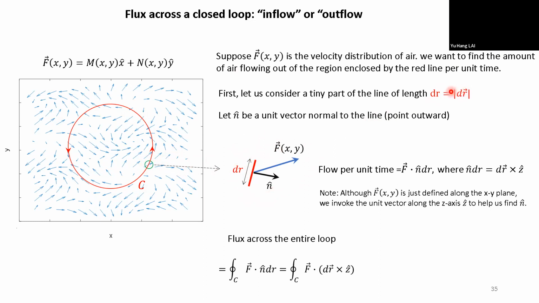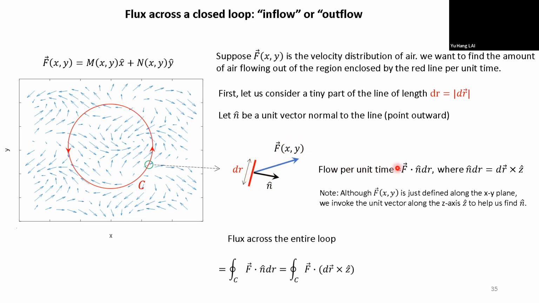Now this is the length of this small segment, which is just the magnitude of my dr vector. If I want to find the flow per unit time across this small segment, I need to find the dot product between this airflow velocity and this normal vector, times the length of this small segment of the boundary.